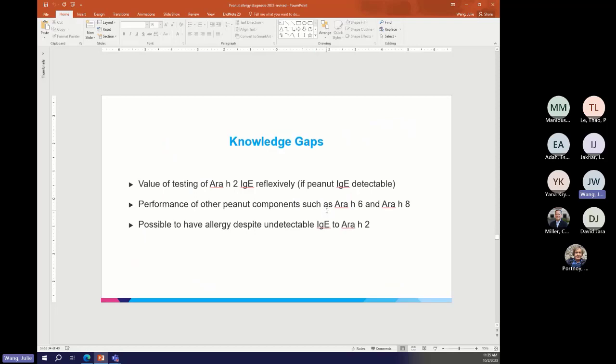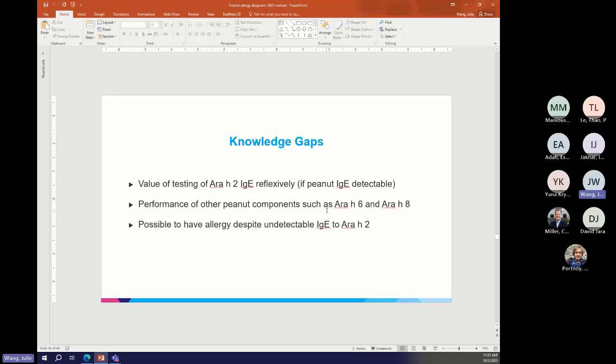So these are the current knowledge gaps in relation to component testing. We need more data still to truly understand the value of testing for RH2 IgE reflexively if the whole peanut IgE is already detectable.